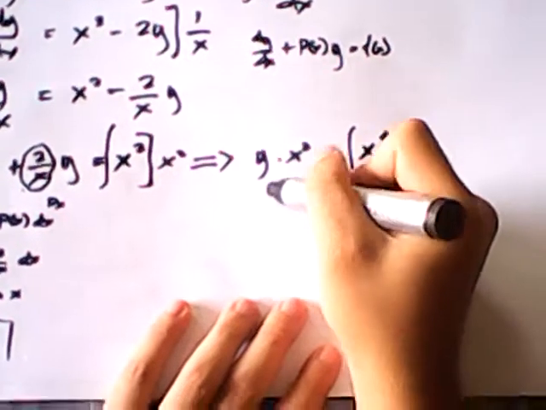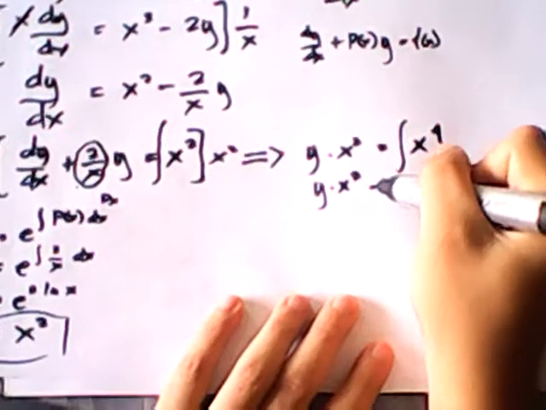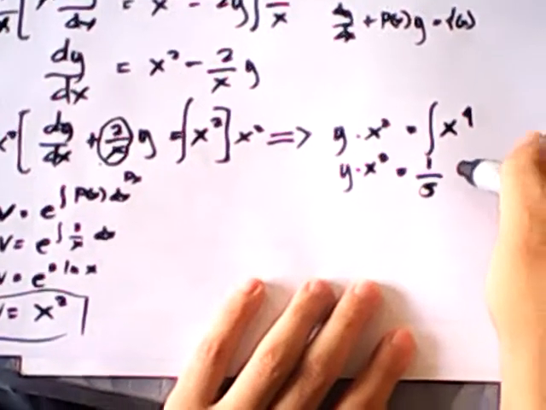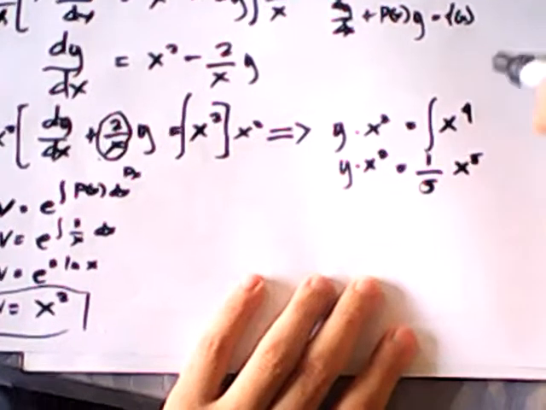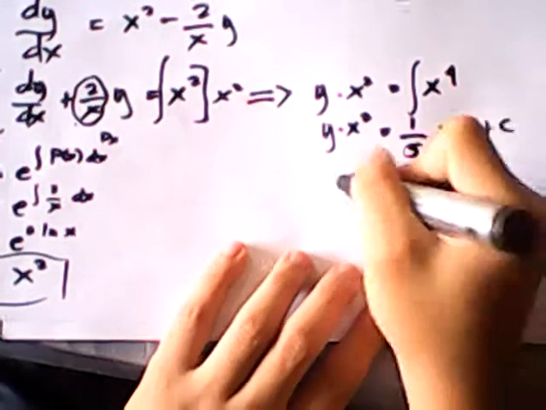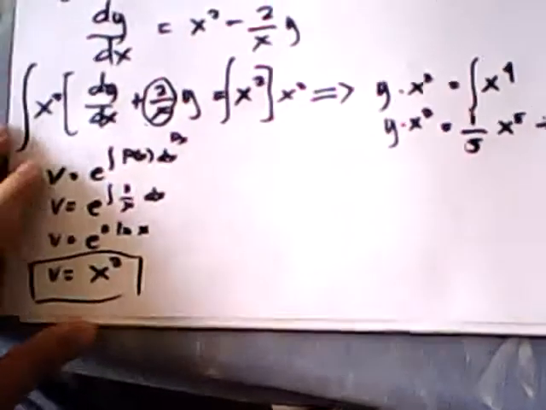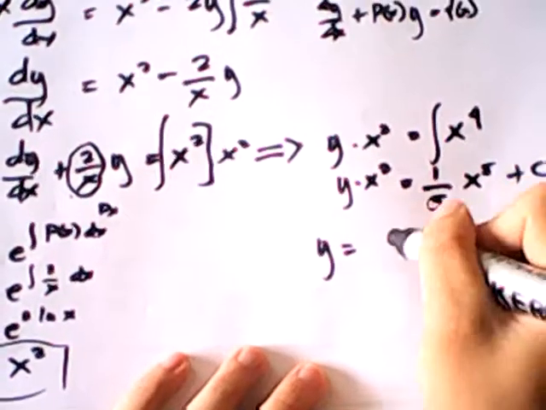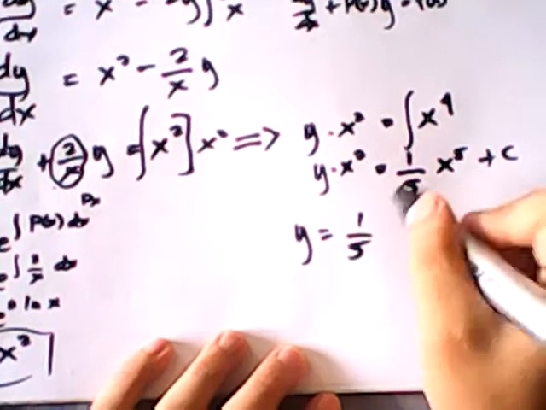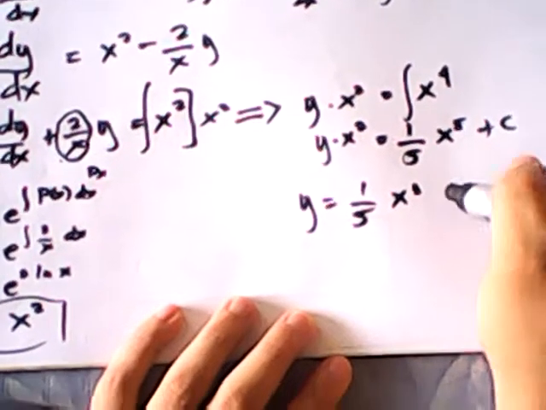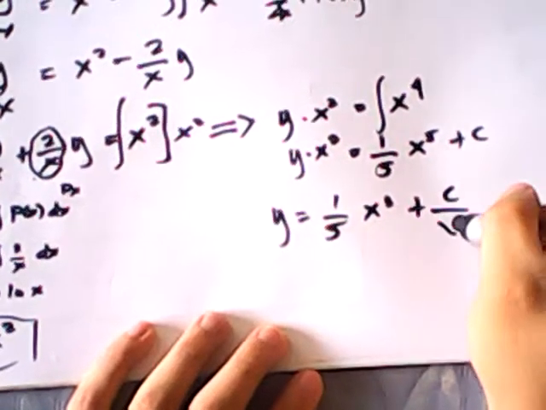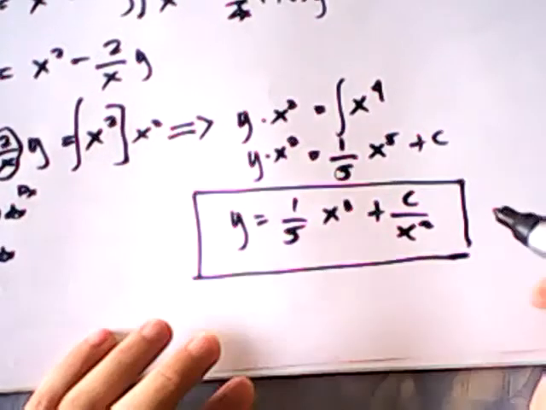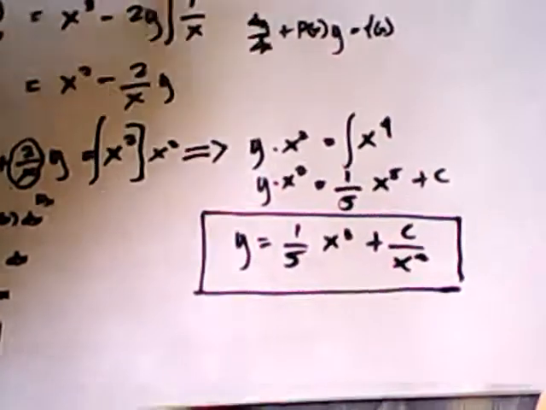The integral of that is y times x squared is equal to 1 over 5 x to the 5 plus c. By getting y is equal to 1 over 5 x cubed plus c over x squared. Now this is the general solution of our equation.